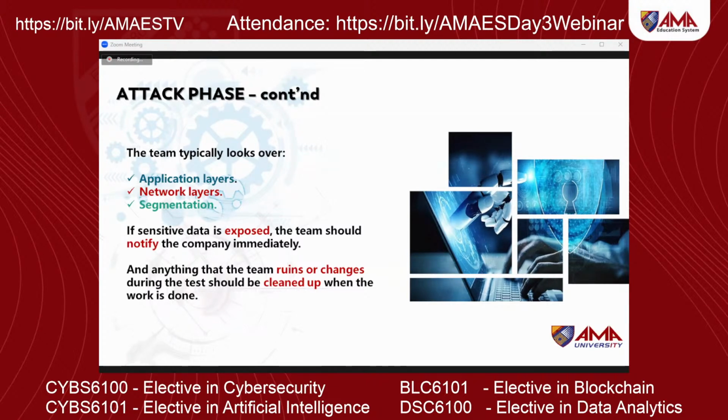And anything that the team ruins or changes during the test should be cleaned up when the work is done. Okay? So, kasi importante na ang company operation is tuloy-tuloy. Okay? So, dapat whatever findings it may be, dapat malaman kaagad yan ng company. Okay? So, kasama yan sa agreement ng mga penetration testers.